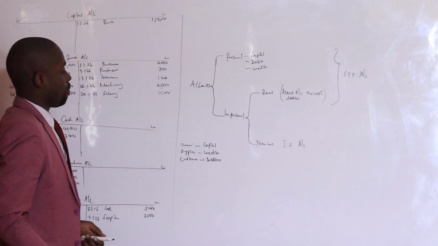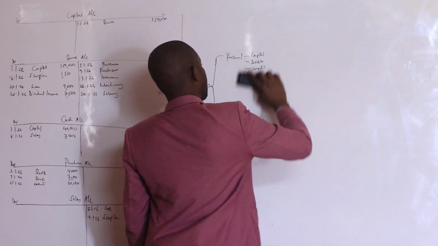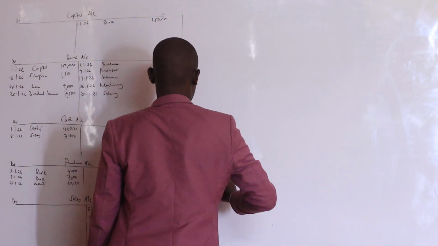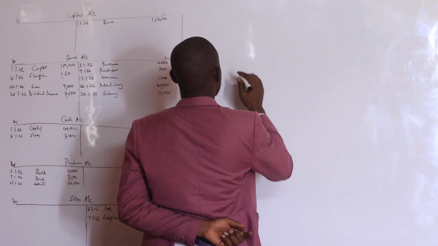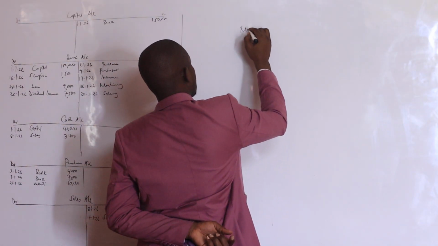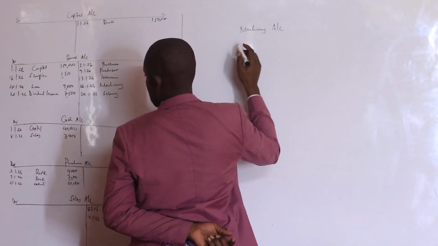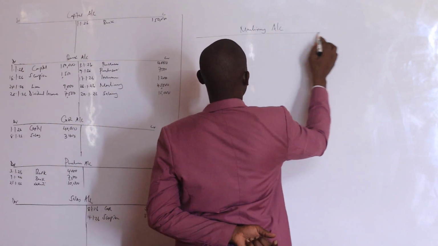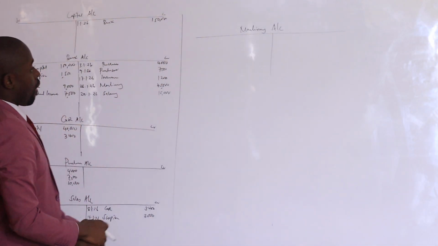How do we balance them? I will do an illustration for them. I will use a machinery account.